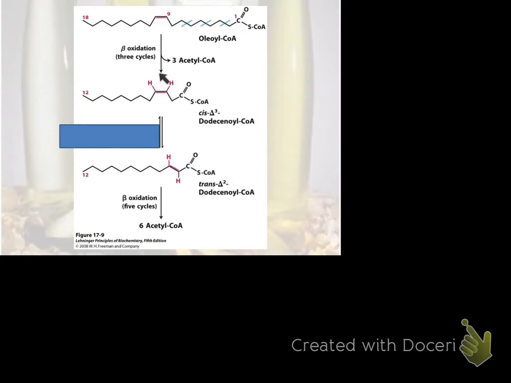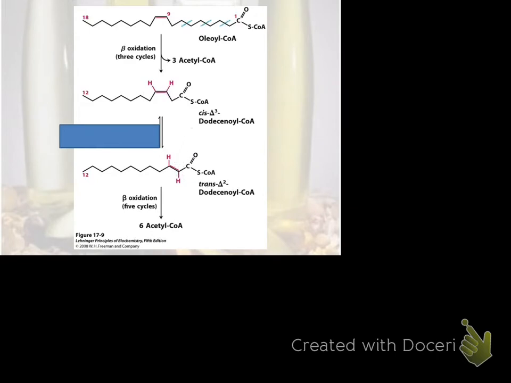So when we say it's on carbon number 2, it's really going to be between carbons 2 and 3, not between carbons 1 and 2. I wanted to point that out because, as you can see, it moves. Okay, and so right now we get to the cis that's on the second carbon, or the beta carbon, away from ground zero. And we have this enzyme that will convert it from being a cis at the beta carbon to a trans at the alpha carbon.